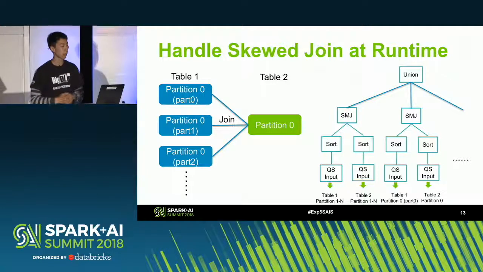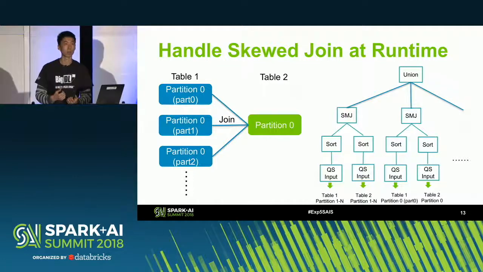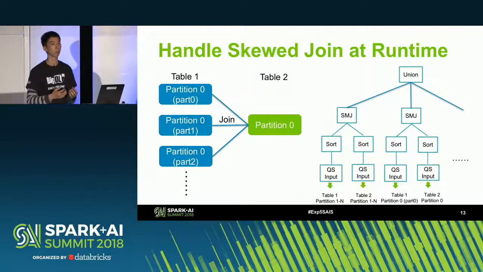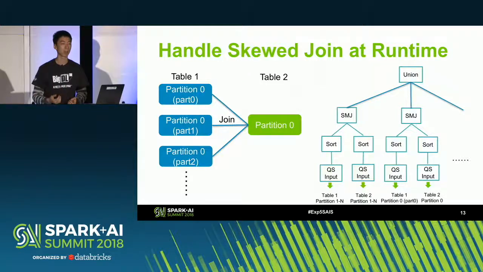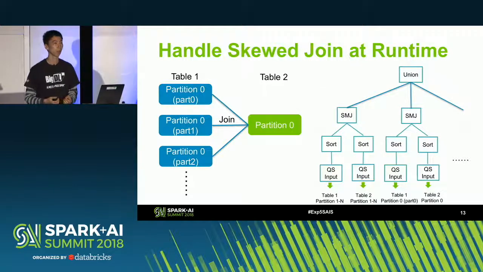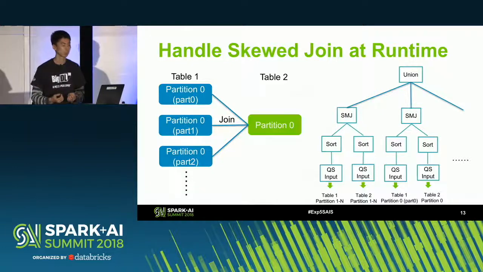Suppose that partition 0 in table 1 is a skewed partition. Instead of using a single task to process the join of partition 0, we can use a few more tasks to do the join, and finally union the results.